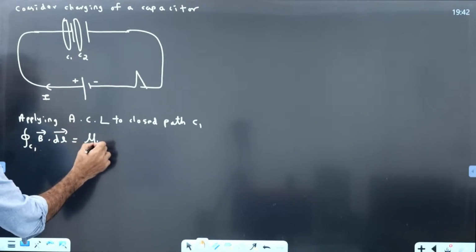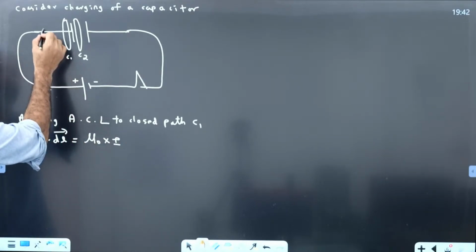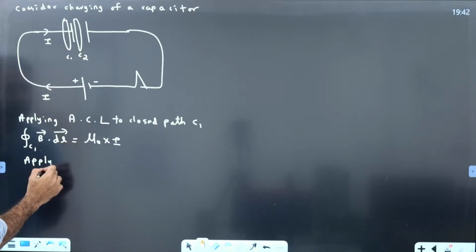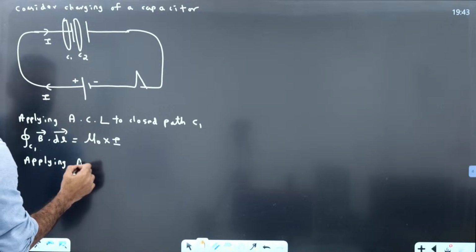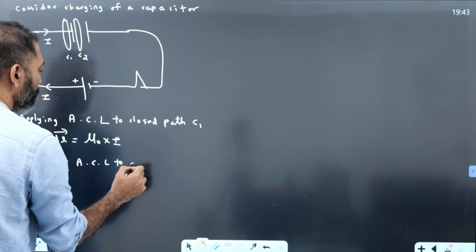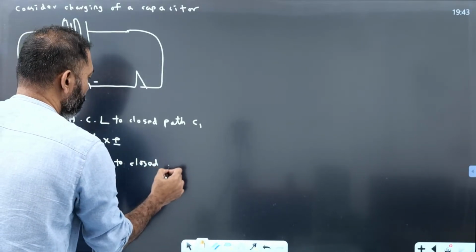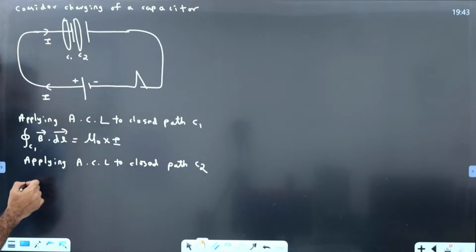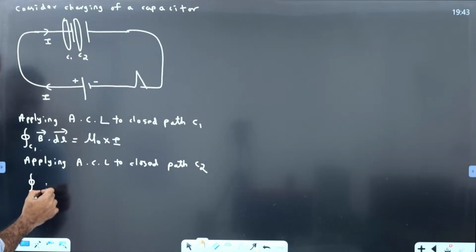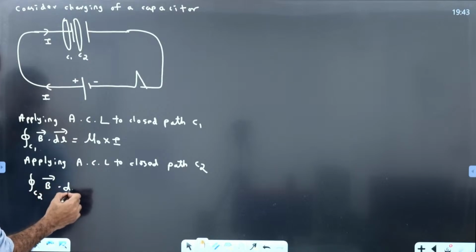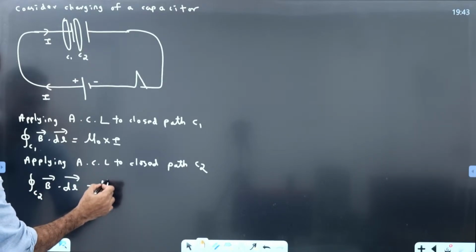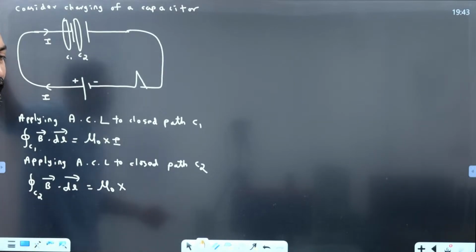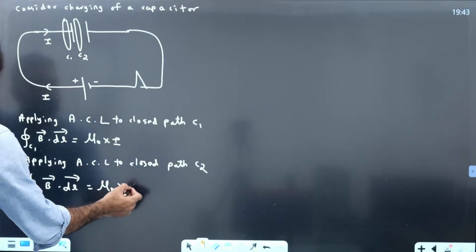Mu 0 times I. This is the current I. Now applying Ampere's circuital law to closed path C2. In C2, integral C2 B vector dot dL vector is equal to what? Mu 0 times the current, but between the capacitor plates there is no current flow according to Ampere.